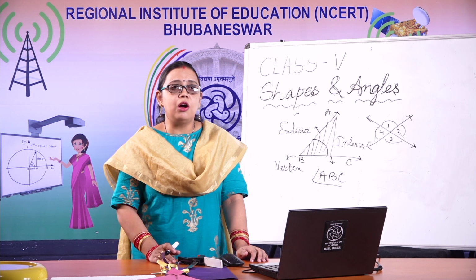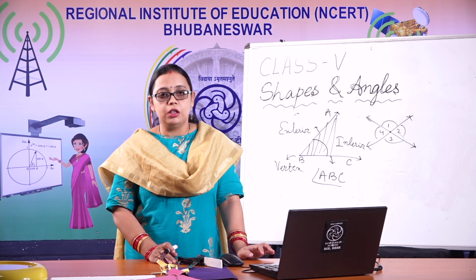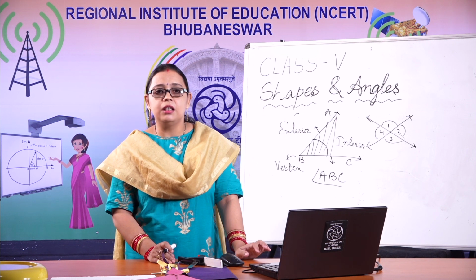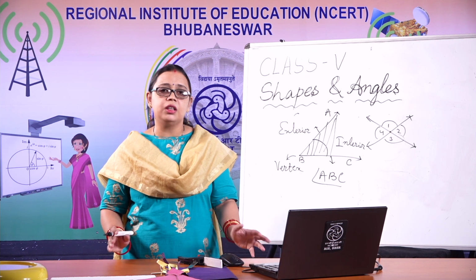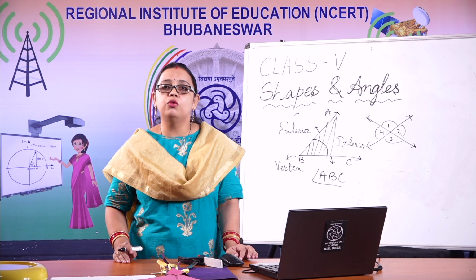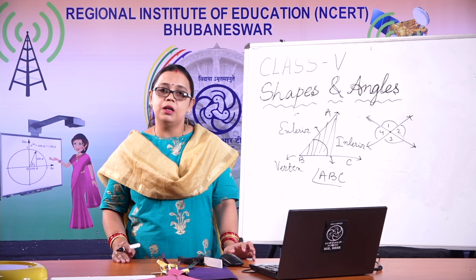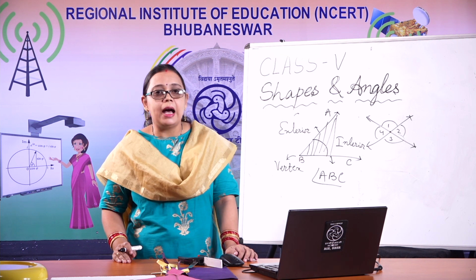Now, how do we measure an angle? What is the unit used to measure an angle? You know, to measure length we use meter, centimeter, kilometer, etc. To measure weight we use kilogram, gram, etc. So, what unit is used to measure an angle?